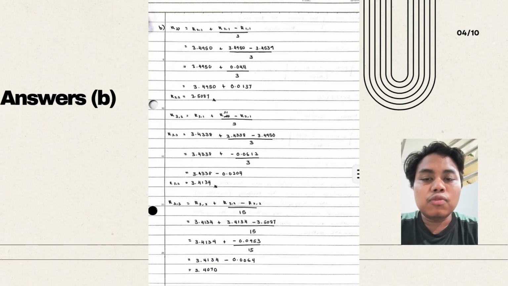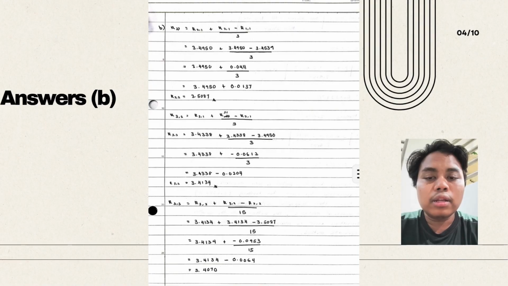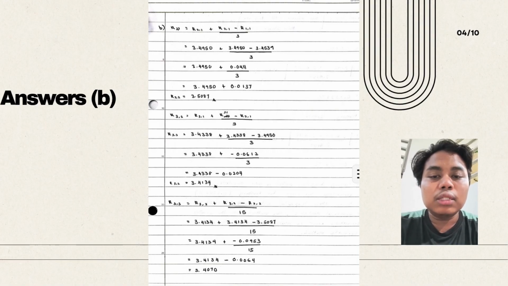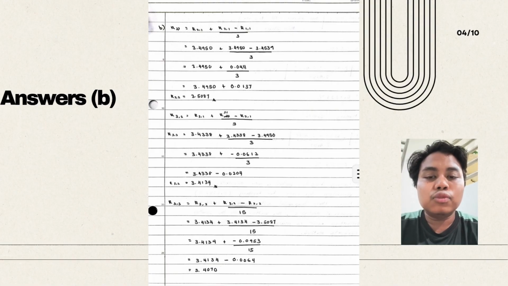Then negative 0.0612 divided by 3 equal to negative 0.0204. Therefore R3,2 equal to 3.4338 minus 0.0204. The answer will be 3.4134.